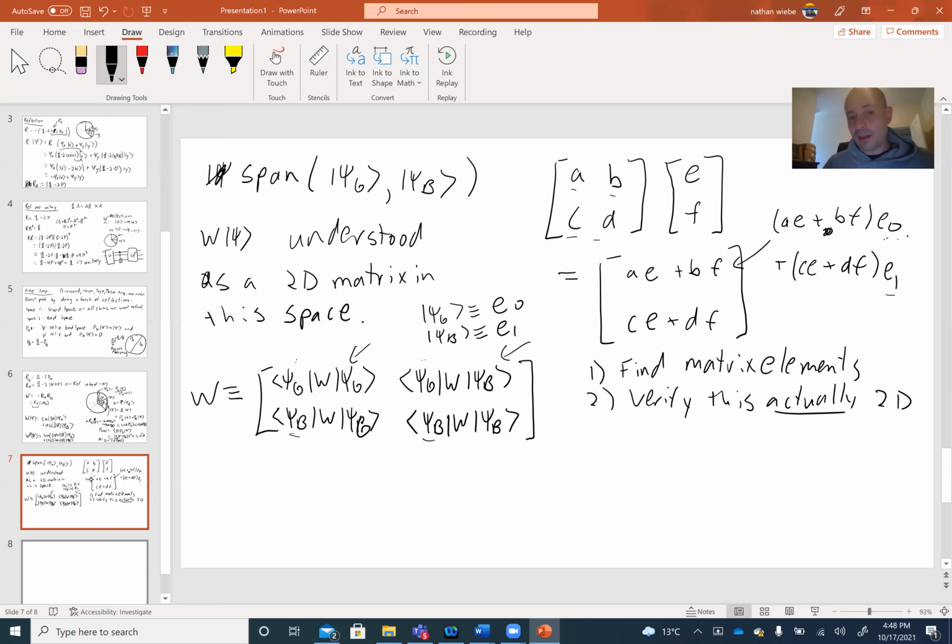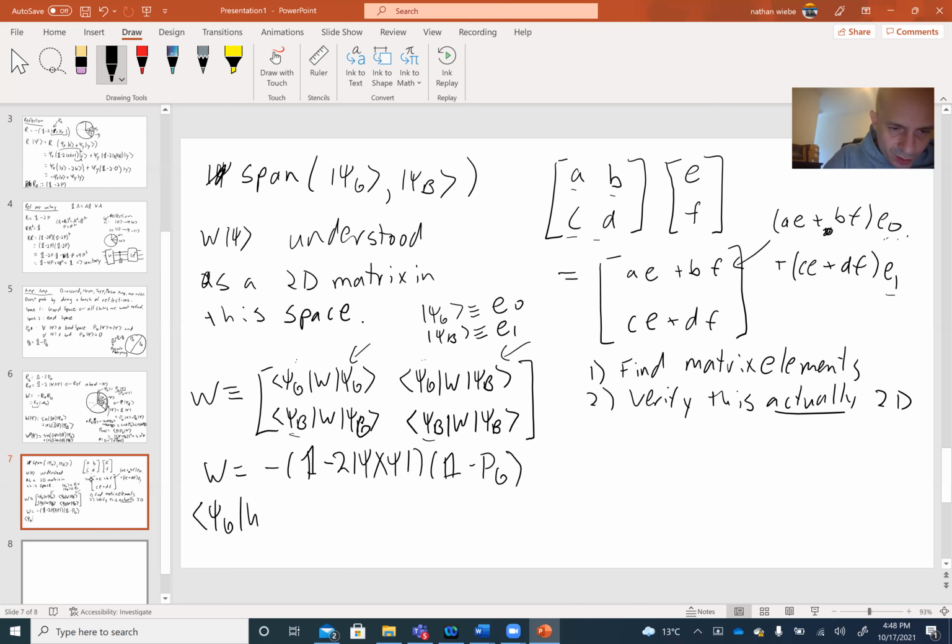Now we need to go through and evaluate the matrix elements. If you recall, W is defined to be negative identity minus twice the projection onto psi, times identity minus twice the projection onto G. Let's compute the first one: psi G W psi G. This is equal to negative psi G, identity minus twice the projection onto psi, times identity minus twice the projection onto the good stuff.